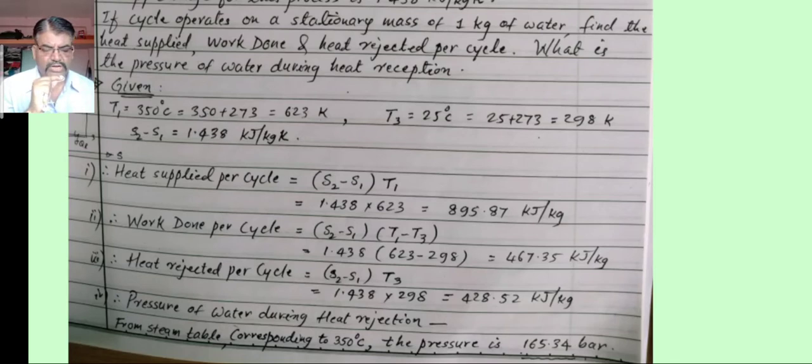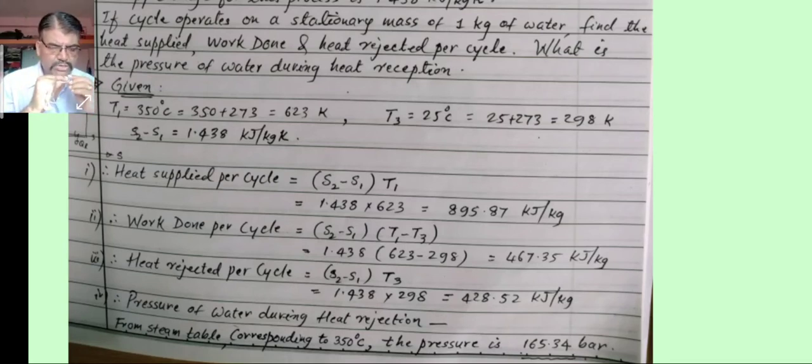Now simply what you have to calculate is heat supplied, the first one. The formula is S2 minus S1 multiplied by T1. By putting the values, heat supplied per cycle is 895.87 kilojoules per kg. Second thing, we have to calculate work done per cycle. As we know the formula, work done by the turbine, we can say by the system, is S2 minus S1 into bracket T1 minus T3.